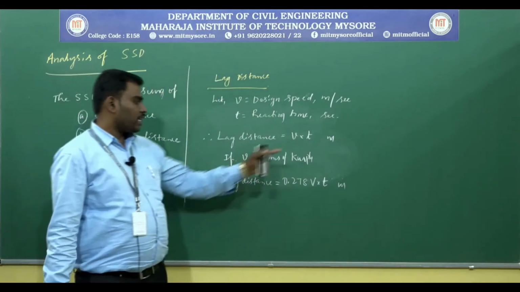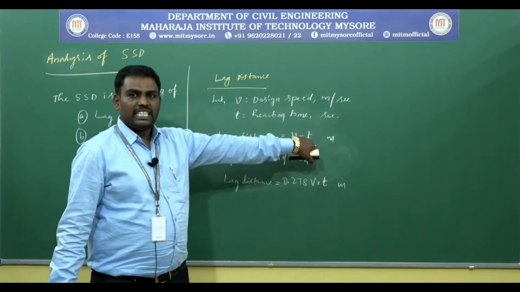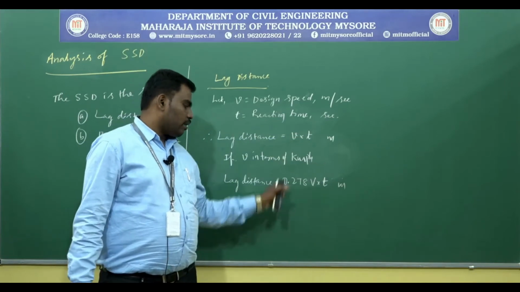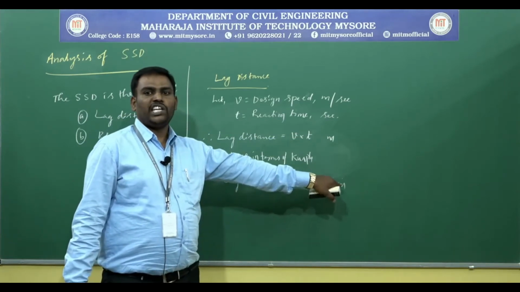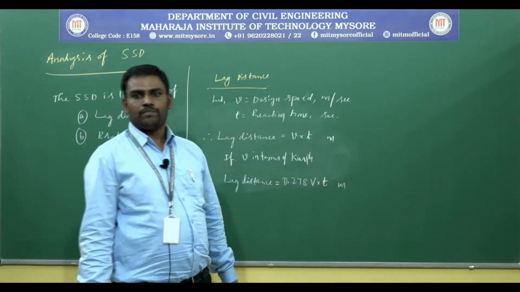In the first one, v is in meter per second, and in 0.278 v into t, v is in kilometer per hour.